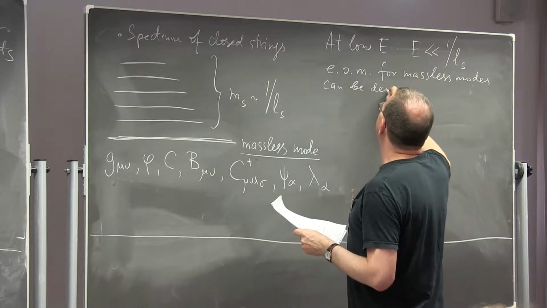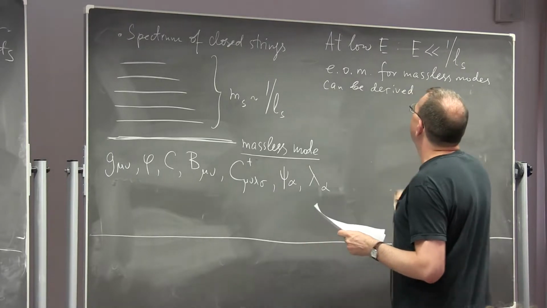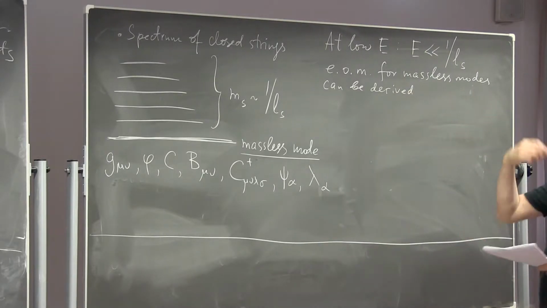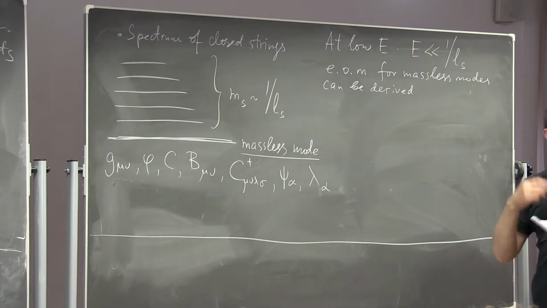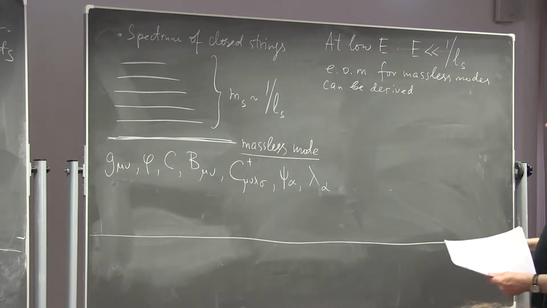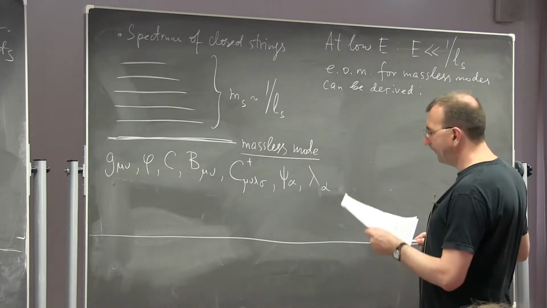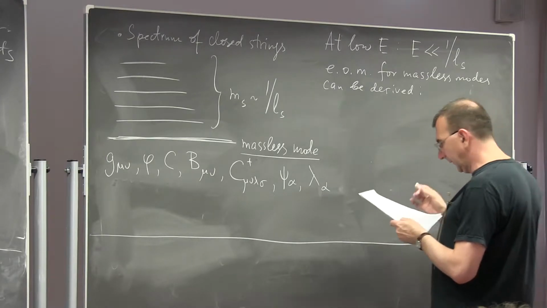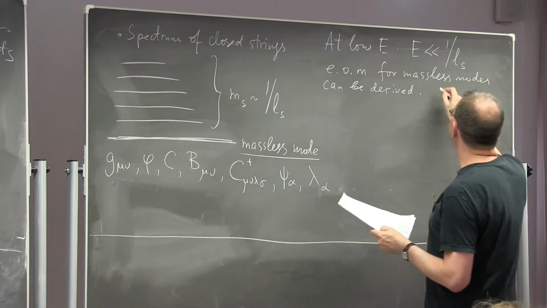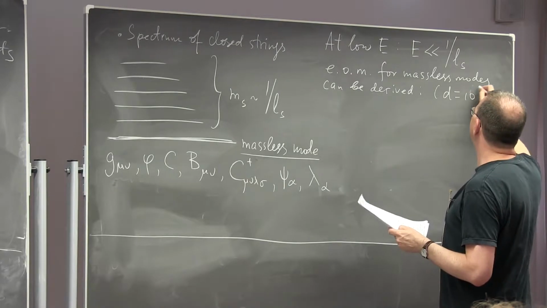They can be derived also from self-consistency of the theory, which I don't have time to discuss in any detail. But the equations look very suggestive. These are equations in 10 dimensions.